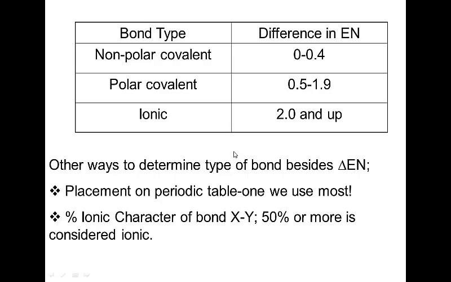So 3 ways of electronegativity. We usually use position on the periodic table most, and then the second way we'll use the most is by calculating it, and it falls into one of these categories. And I'm going to do an example for you.